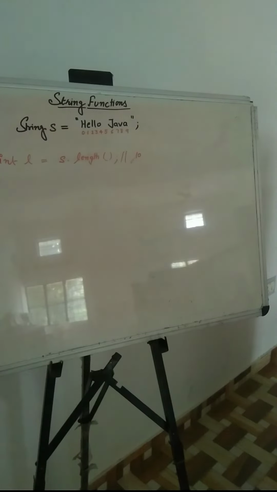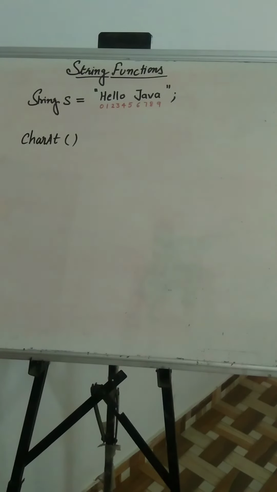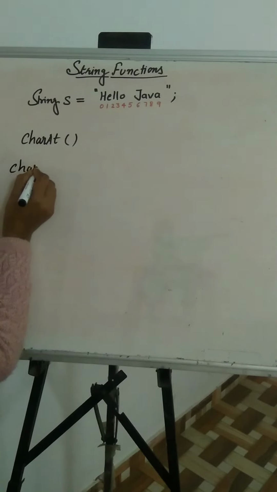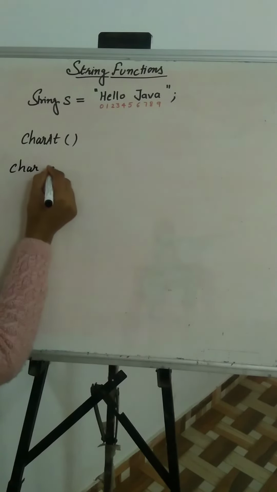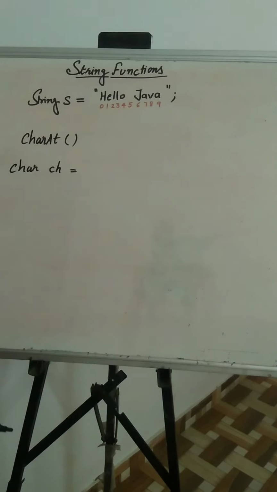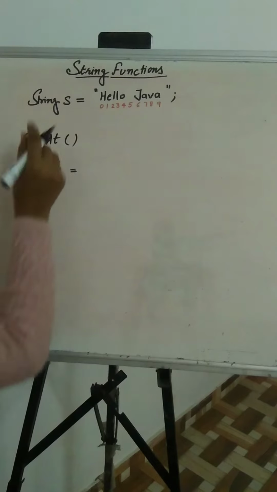It's a length function. Next function is the charAt function. This function returns a character from the given index of the string, the character value of the given specific index. So the result will be stored in character type, char ch. Suppose we have to find the character at index 6 of this string.